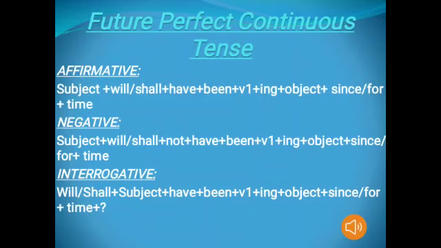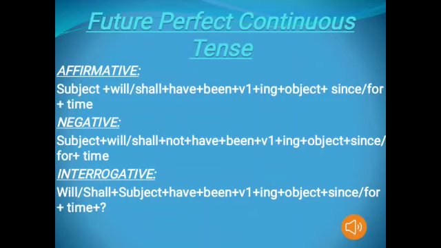The last part of the future tenses is future perfect continuous tense. In the affirmative sentences, we use subject plus will or shall plus have plus been plus first form of the verb plus ing plus object plus since or for plus time.